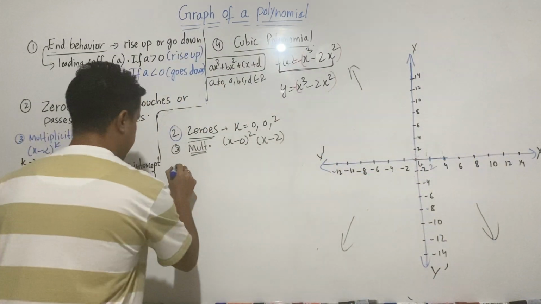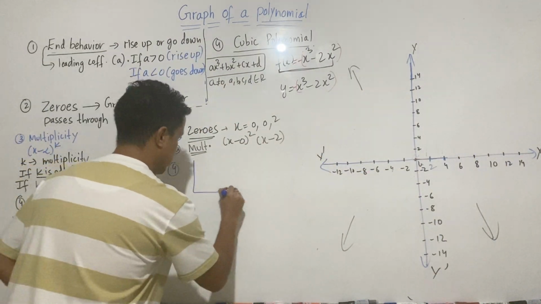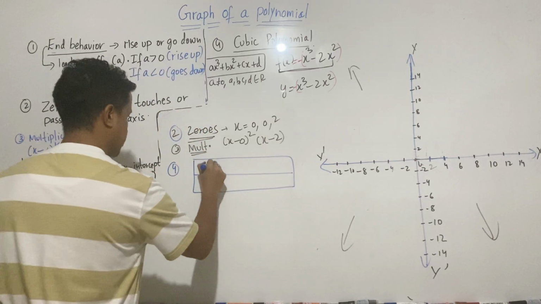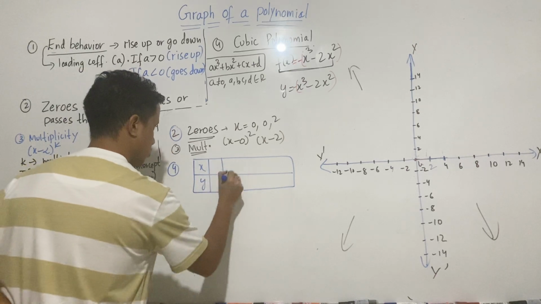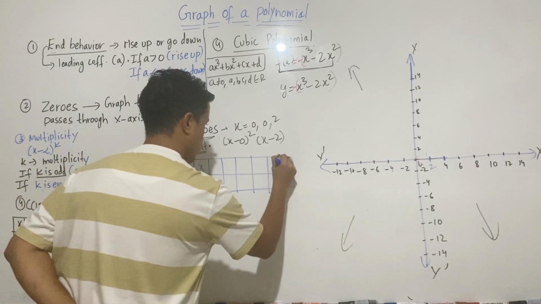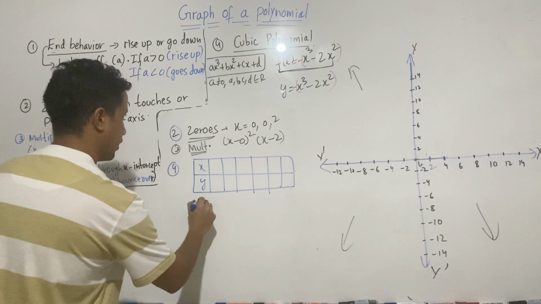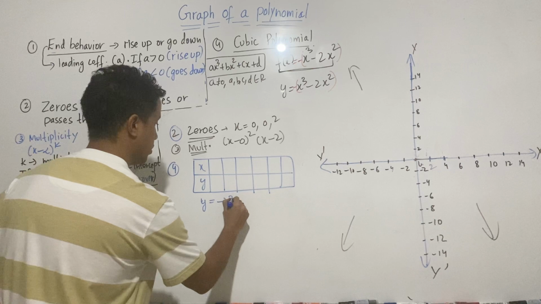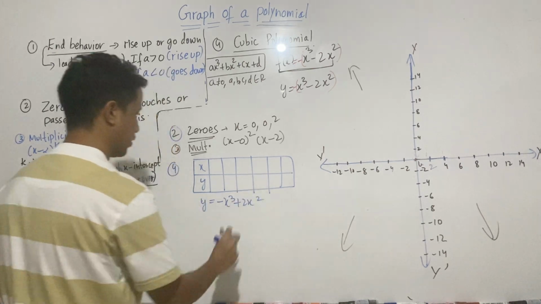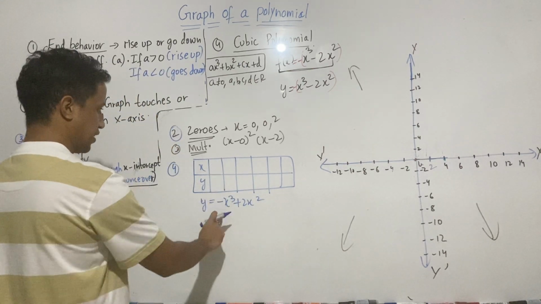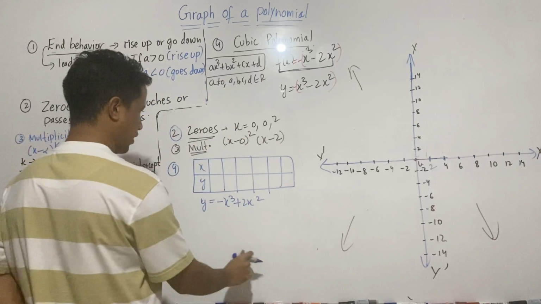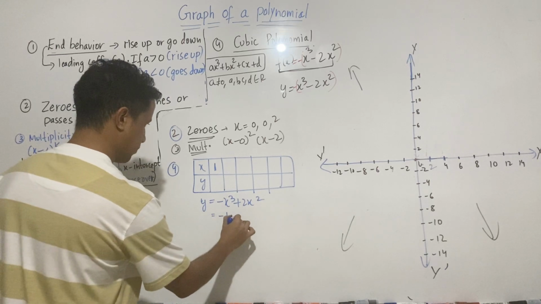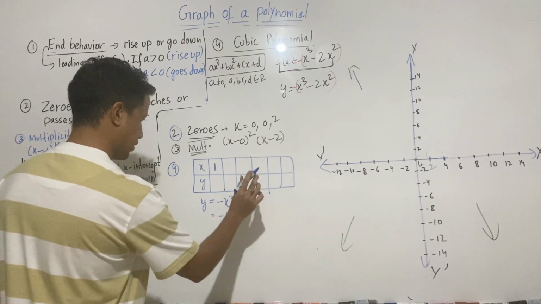Then number 4, coordinate table. Okay, we'll do the coordinate table. So x, y. f(x), y is equal to minus x cube plus 2x square. Okay, x is 0, y is going to be 0. If x is 1, this is going to be minus 1 plus 2, means 1.